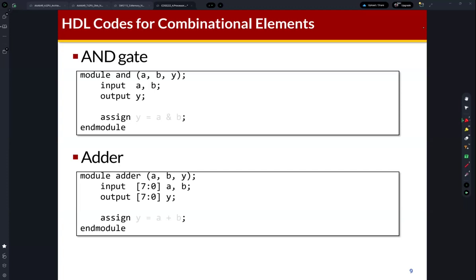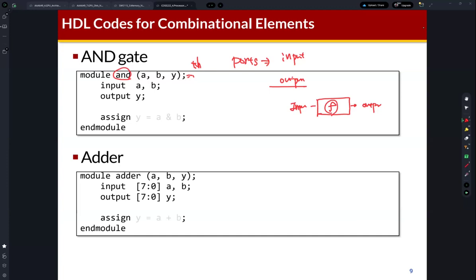This is the module name, and it represents that this module has 3 ports. A port means the input or output of a module. You can understand the module like this: this is the input port, this is the output port, and this is the module.